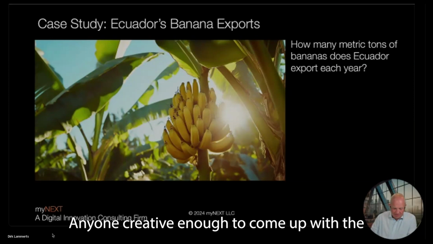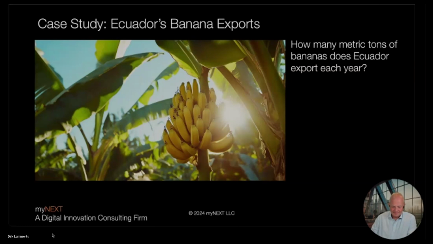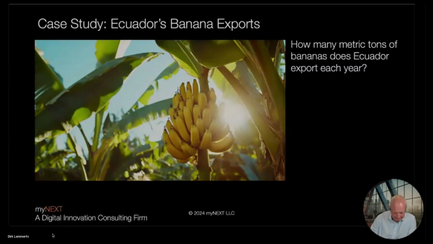Anyone creative enough to come up with the alternative approach to the decomposition? Shipping? Go one step further. What happens after shipping? One step further.